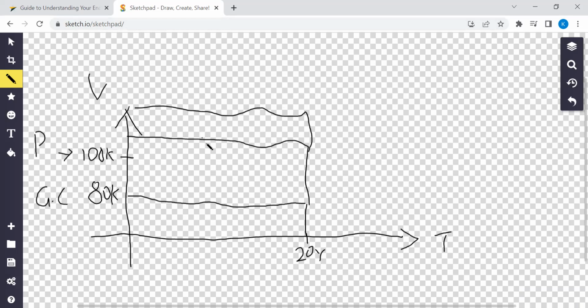So this is the guaranteed portion, and this is the non-guaranteed portion.